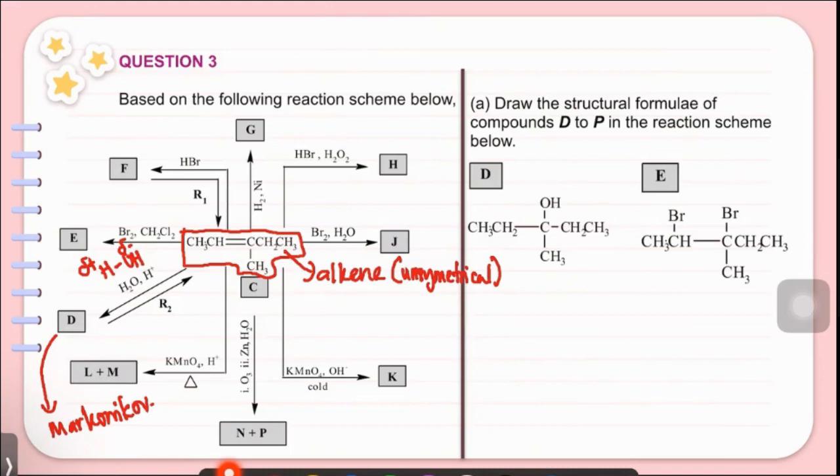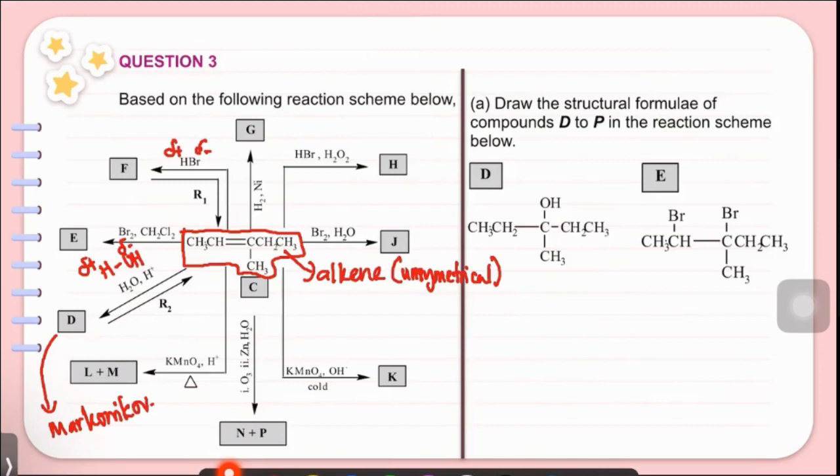Okay. And then for F, alkene react with HBr. So we produce structure F. So di sini sama seperti konsep addition of water. Jadi kita akan tengok siapa yang more electropositive. So like this, hydrogen is more electropositive while Br more electronegative.